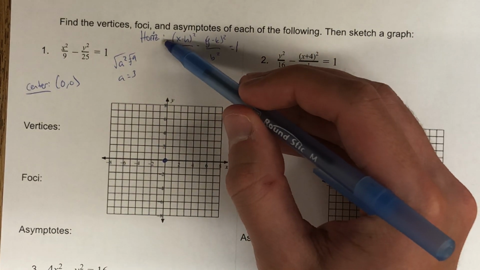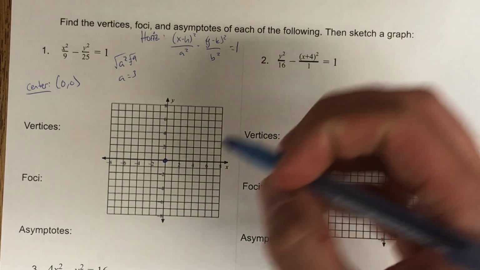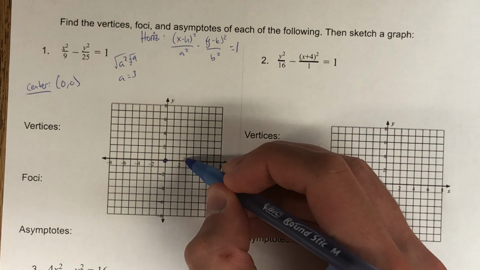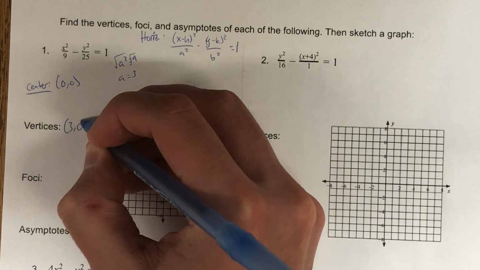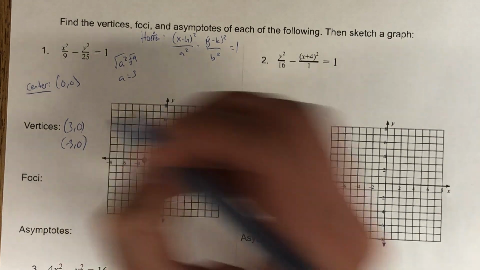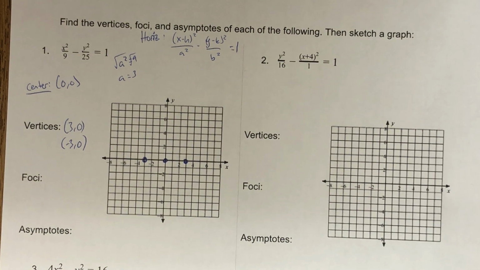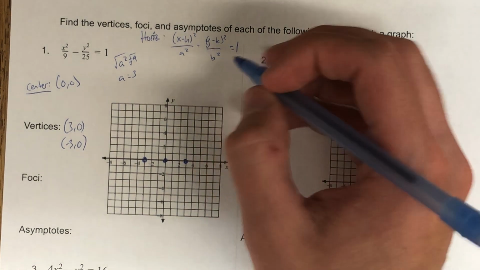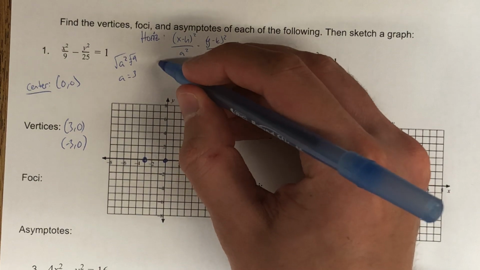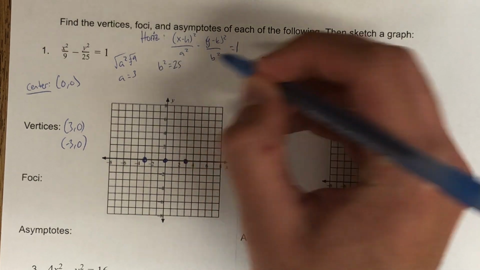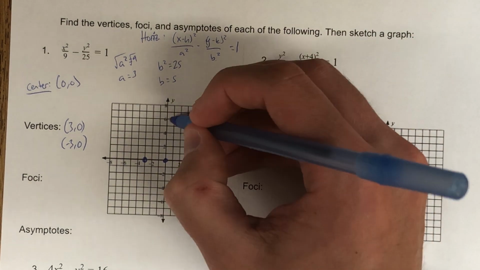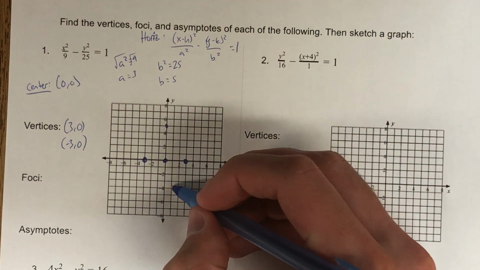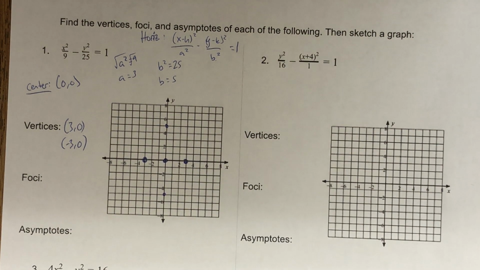Because this is a horizontal hyperbola, that distance has to be to the left and right of center, so here and here at (3, 0) and (negative 3, 0). Okay, let's think about our b values. b squared here is 25, so b is 5 because we take the square root. So our co-vertices would be 5 above and 5 below.